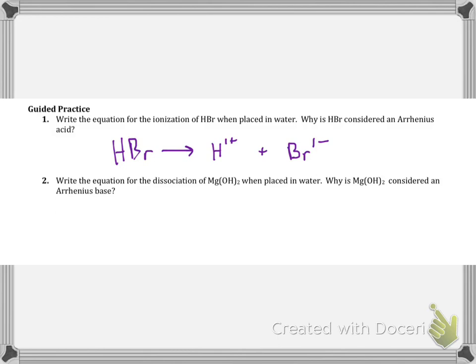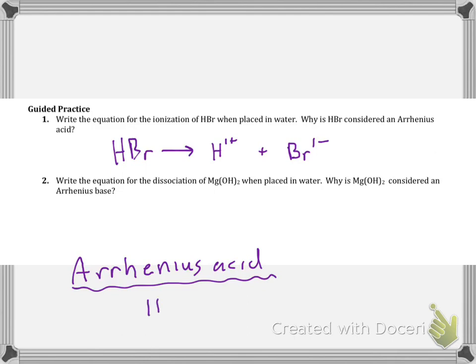Now, the reason why it's an Arrhenius acid is because the definition of an Arrhenius acid is anything that gives off a hydrogen ion in solution. Now, for the next problem, it's asking us to write the dissociation of magnesium hydroxide when placed in water.